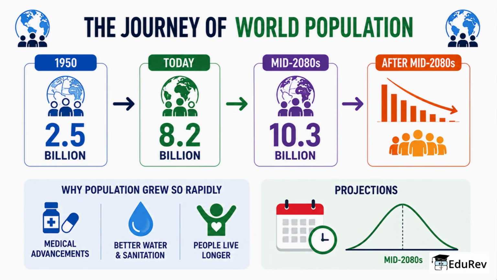People are simply living longer. But here's the wild part. Projections show our global population will actually peak in the mid-2080s at around 10.31 billion. And then, fascinatingly, it'll start to decline.